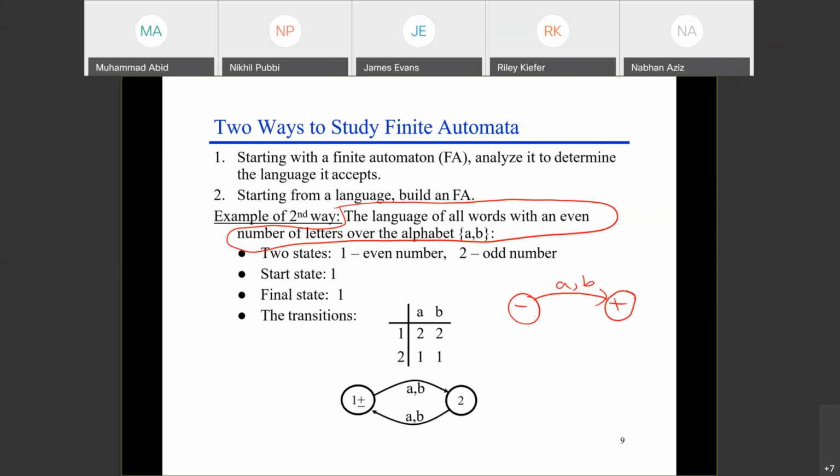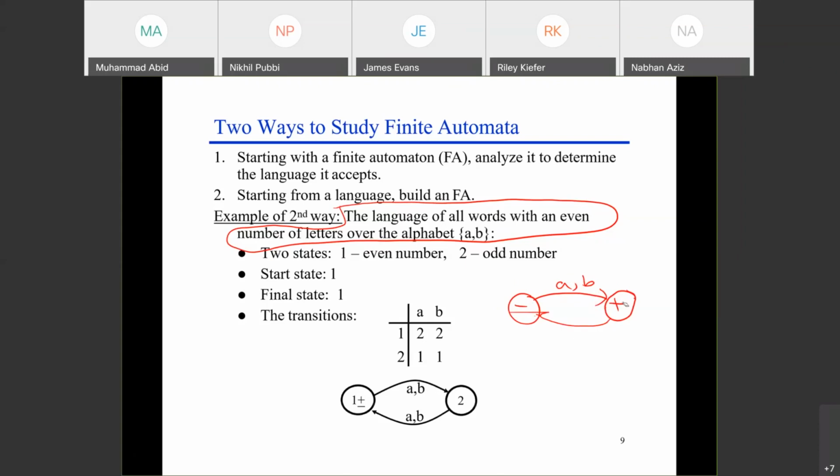I just merged two edges. From here, you can reach there by A or B. You can start with A or start with B, but it is one A or one B. You want to make it even, and then you reach back.